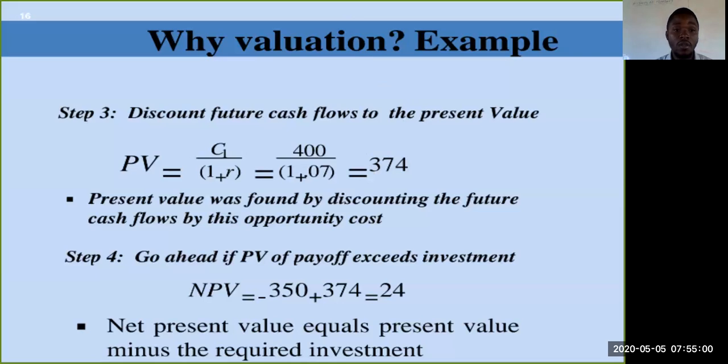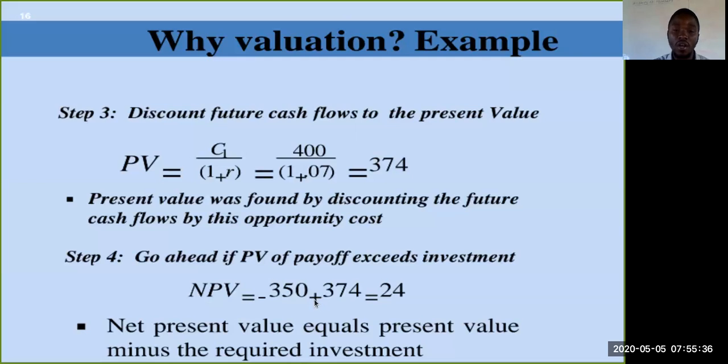So step 4, go ahead if the present value of payoffs exceeds investments. So this is NPV. Net present value equals the present value minus the required investments. And if the value that we are going to get is positive, we should go ahead with the investment.